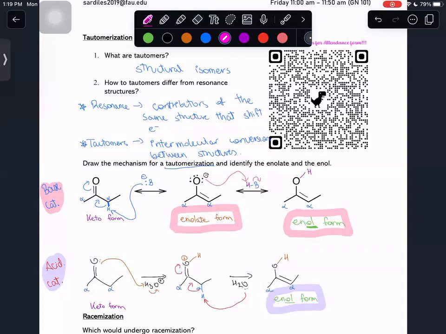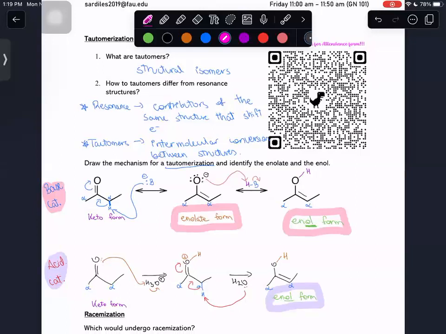We know that if it's an acid, it's only the enol form. If it's a base, we form both. So with tautomers, you're not really going to see them in the reactions themselves. We might see how they play a role in them, but not quite like this.